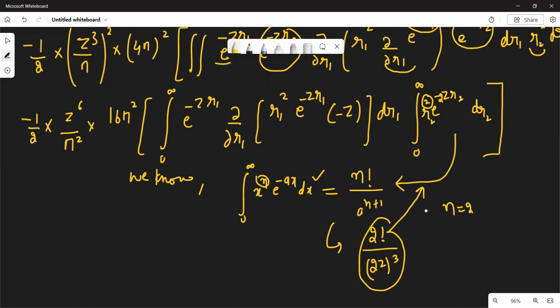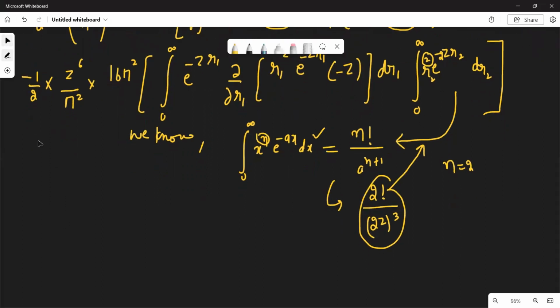So I will write the result in the next step. Yes. So here I will write the result 1 by 2. Pi square will be cancelled out, and here we are left with 16 Z to the power 6.